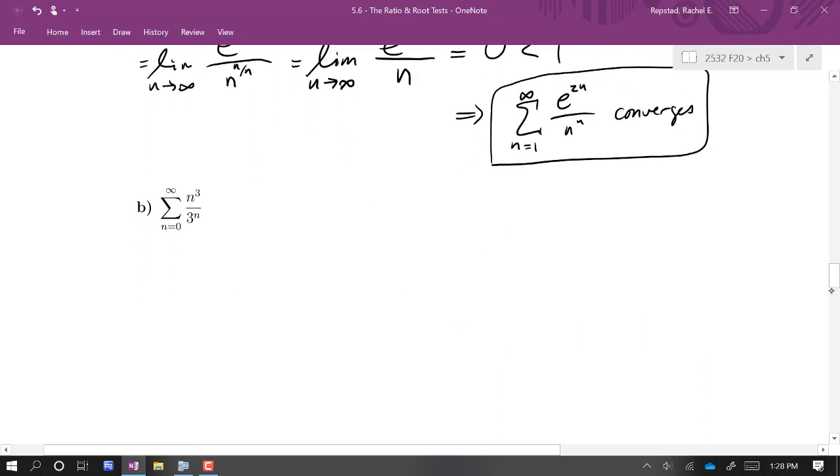All right, let's try another one. We are going to evaluate the limit as n approaches infinity of the nth root of the absolute value of the nth term. It's the limit as n approaches infinity of the nth root of n cubed over 3 to the n.